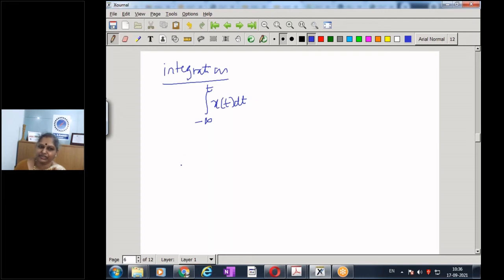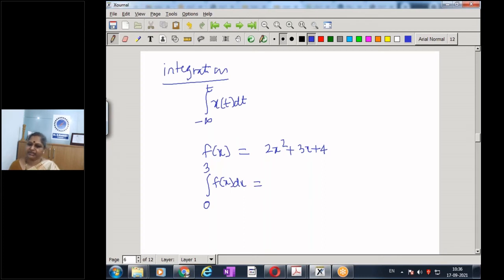Suppose I have a function f of x given by 2x squared plus 3x plus 4, and I want you to integrate f of x dx within the limits 0 to 3.